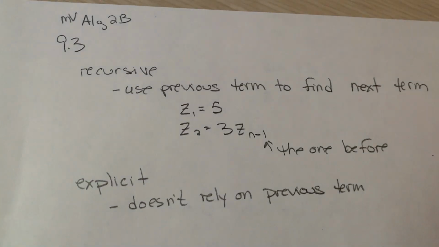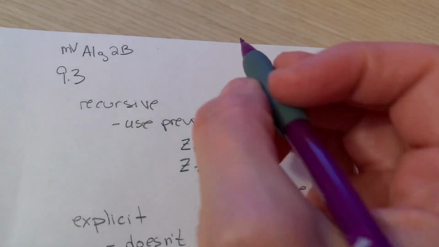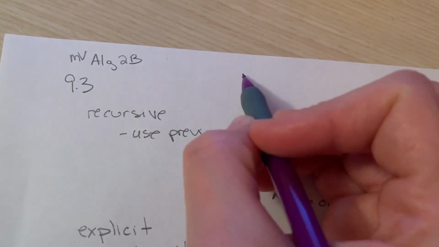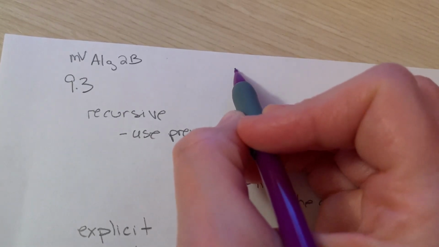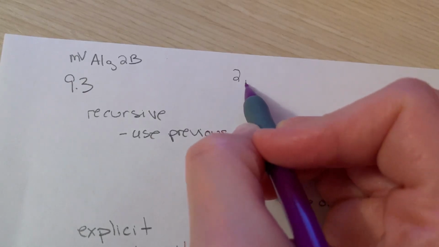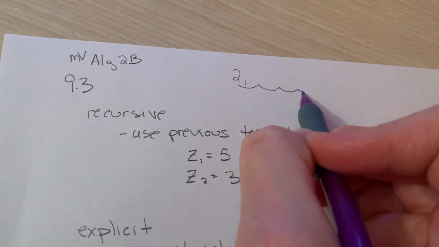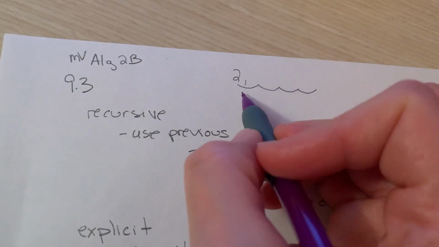So I think 9.3 is all geometric sequences. Geometric sequences are when you have a list of numbers, and to go from the first term to the second term, I'm just going to make one up here quickly. My first term is 2. For geometric, to find the next term, you're always multiplying by a number.